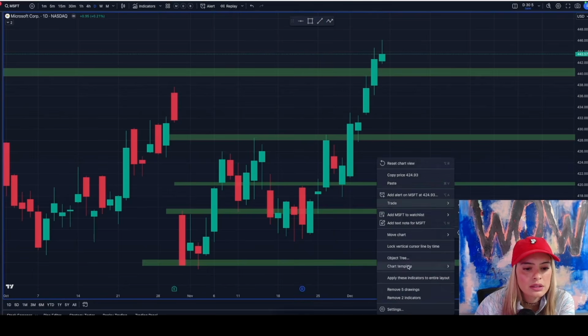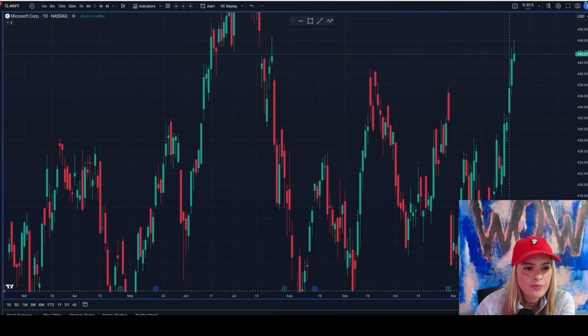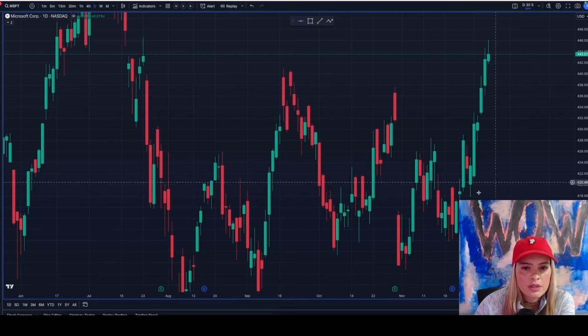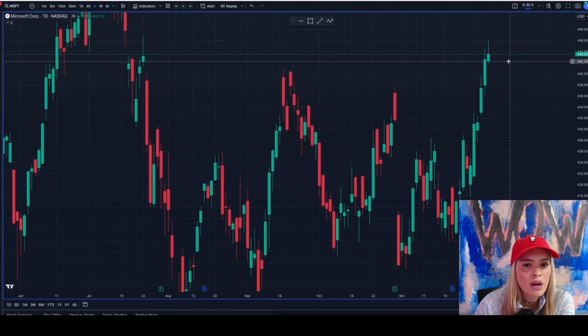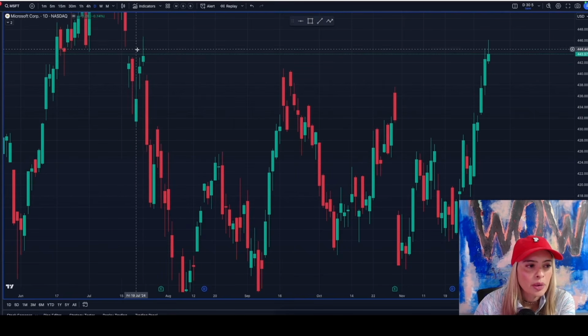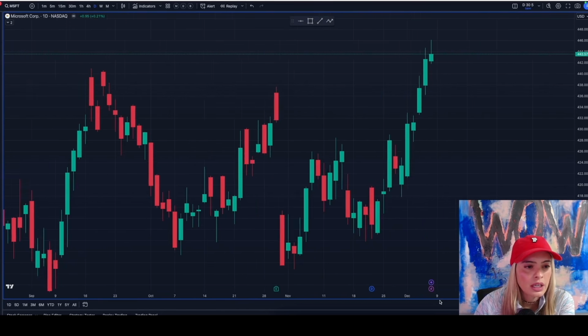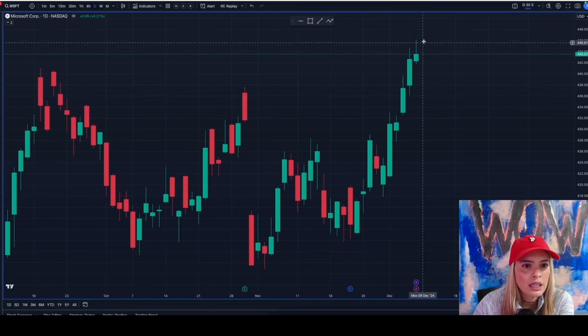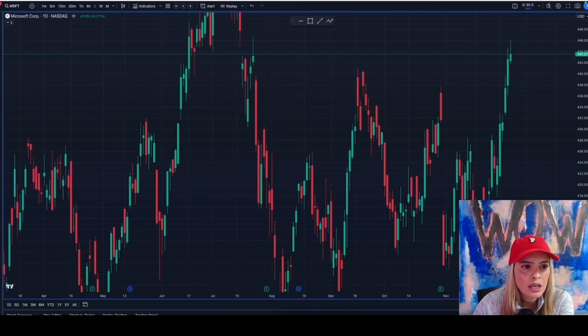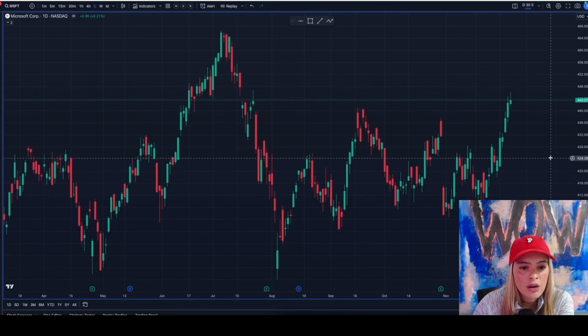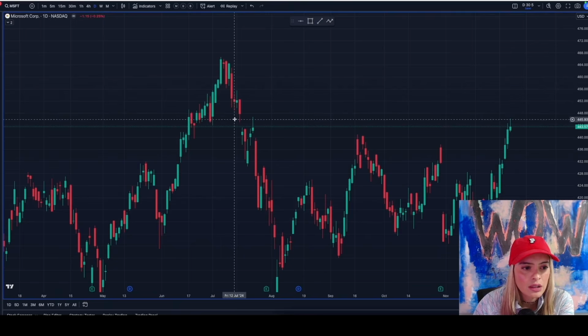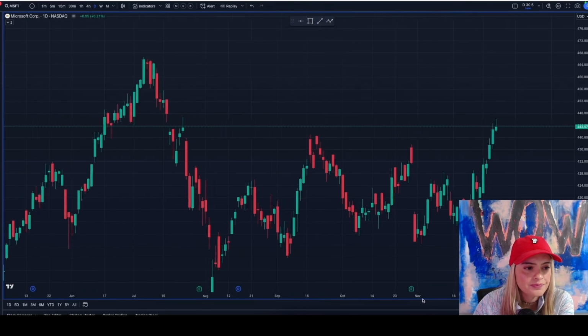Okay, let me clean this up. See how I'm going through the chart's previous price action, because I had it like this and I didn't have any levels here. I didn't have any candlesticks here at the top. So I want to see if that is all-time high or how the chart reacted in the past to these levels, right?